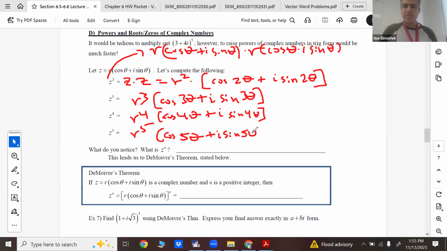Plus i sine 5 theta. So what do you notice about z to the n? It's just going to be r to the n times cosine n theta plus i sine n theta. That's called De Moivre's theorem. It's simply r to the n times cosine n theta plus i sine n theta.